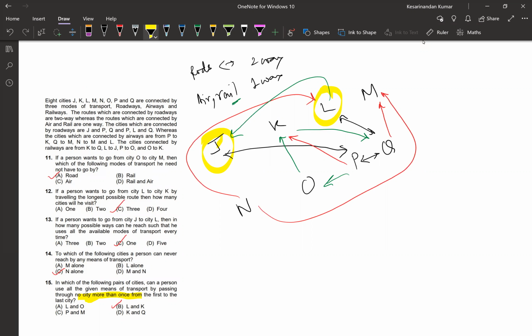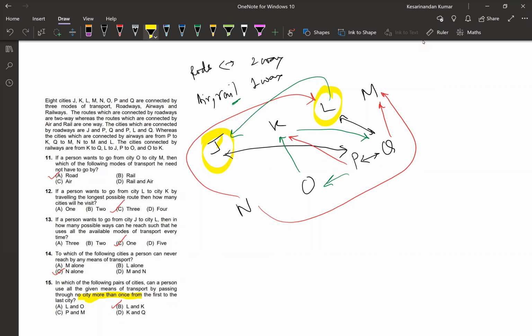Actually, that's how I did it. I didn't go for C and D because, in one of the questions, L is there, which is in three ways of transport. True. But Kesari, it is not given that it should travel from L to O, right? It's asking to reach O or to reach M. Which question are you asking about? The 15th question is saying in which of the following pairs of cities can a person use all given means of transport by passing through?